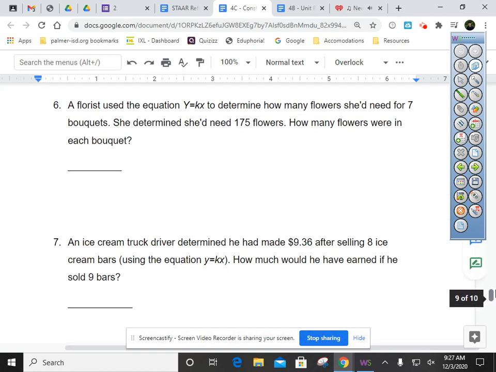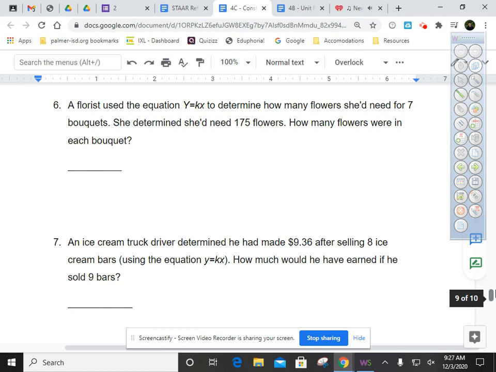If you notice on number 6, there's no graph, there's no chart. So what are you going to do? Proportion. Number 7, there's no graph, there's no chart. What are you going to do? Proportion. If you read number 6, it says a florist used the equation y equals k times x to determine how many flowers she'd need for 7 bouquets. She determined that she'd need 175 flowers.